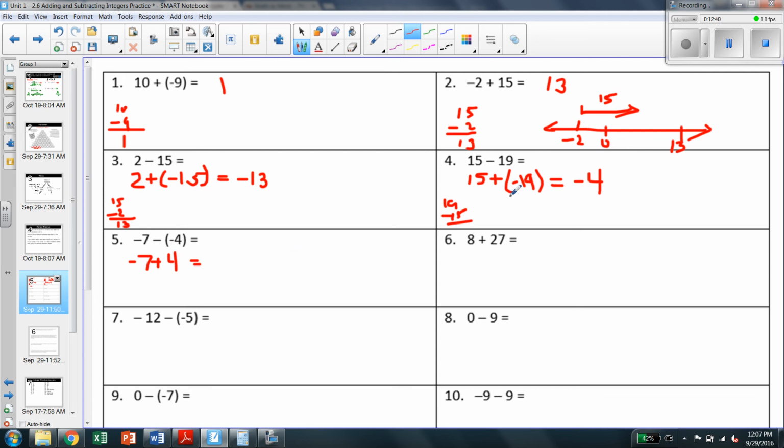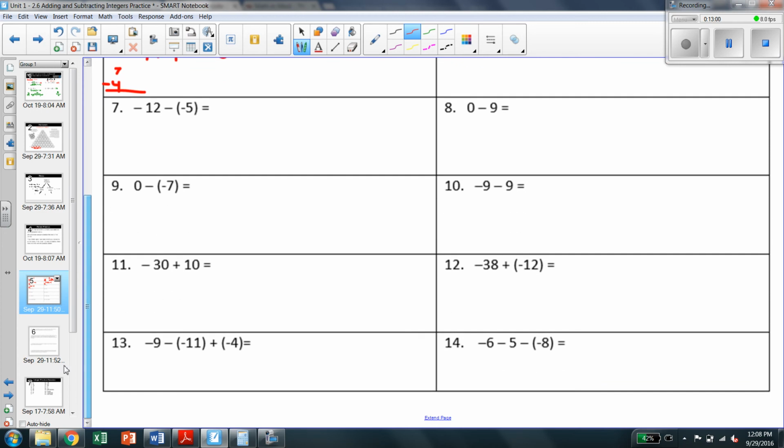Now it's another one of these situations again. One's a negative, one's a positive. Can't just put them together and say 11, that would be wrong. So we subtract. 7 minus 4 is 3. Are there more negatives or are there more positives? There are more negatives, -3. All right, let's just scroll down.